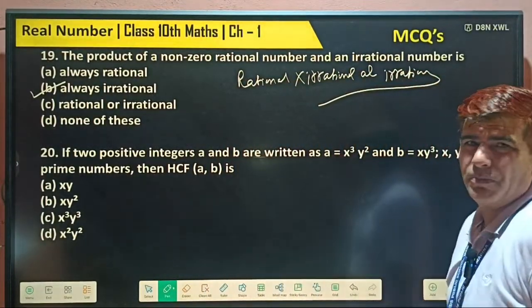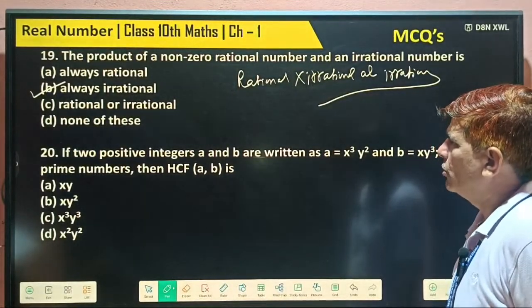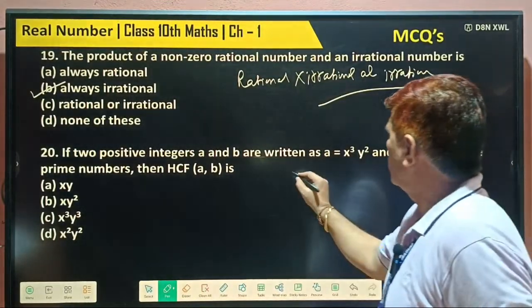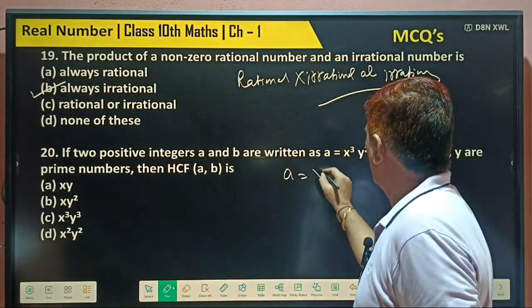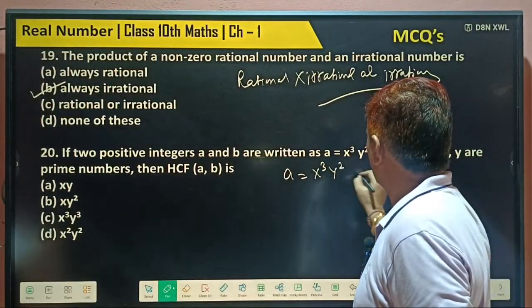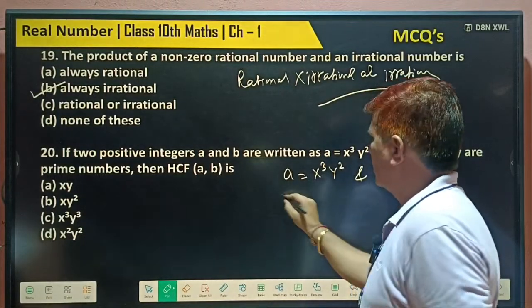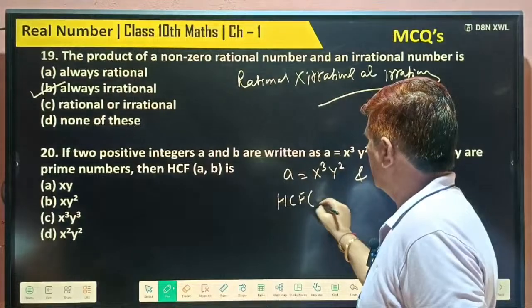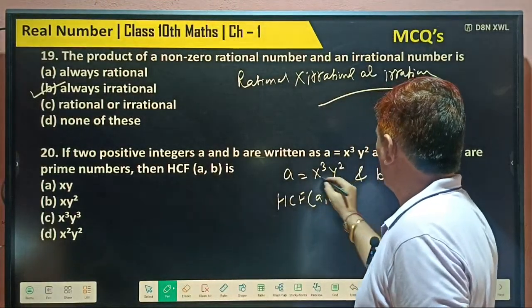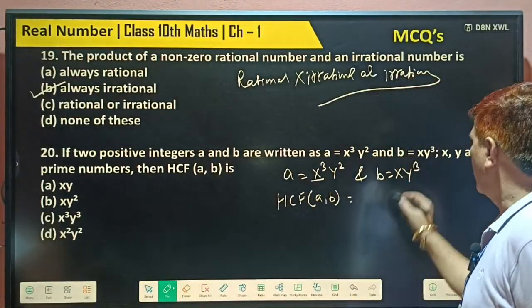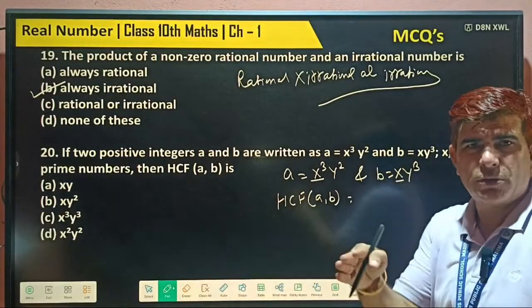Again, the same question, a simple one given. If two positive integers a and b are written a equal to x cube y square and b equal to x y cube, their HCF of a and b, what's the highest power of x here? 3 and here is 1. So we have to take the smallest.